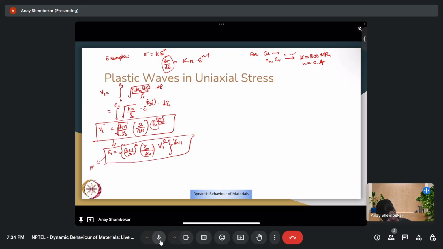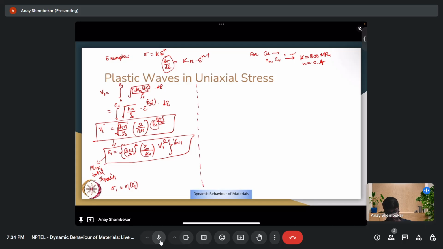This is the maximum total strain. You could in turn evaluate what stress sigma 1 is, sigma 1 of epsilon 1. You could use this constitutive relation to figure out the maximum stress that the thin wire will experience.